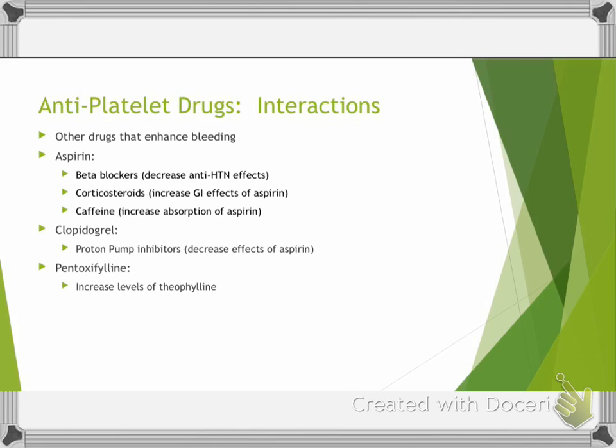With corticosteroids, it can increase the GI effects of aspirin because corticosteroids can also cause GI adverse effects. So if you give those and aspirin, it can increase the GI effects. So we want to monitor for any coffee ground emesis, black tarry stools that would indicate a GI bleed.